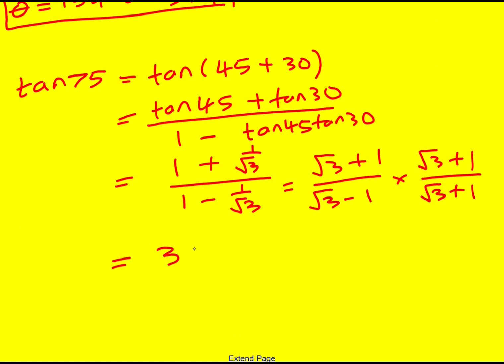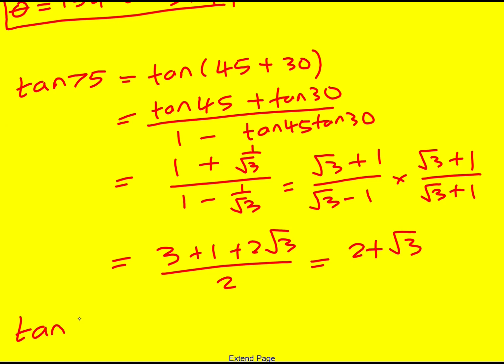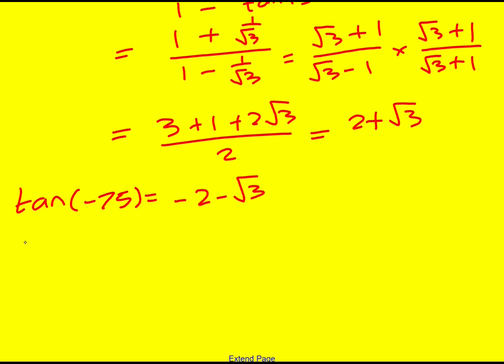which gives 3 plus 1 plus 2 root 3 all over 2. 4 plus 2 root 3 over 2 gives 2 plus root 3. And again, I haven't quite got it, but I've got the negative of what I want. So tan of minus 75 would equal minus 2 minus root 3. Or I can add 180 on.